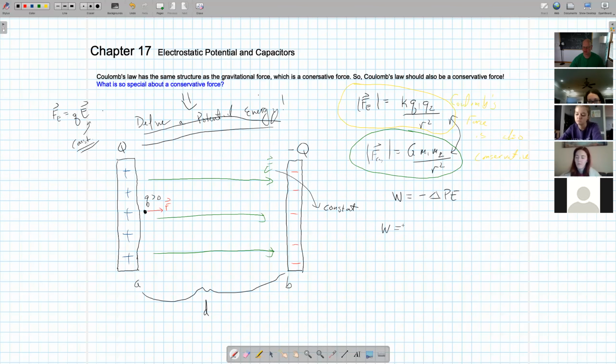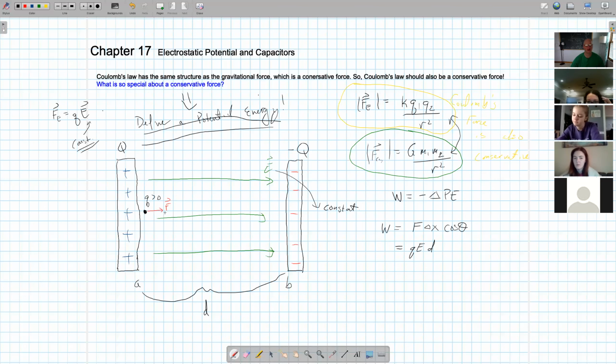Well, remember that work is equal to the force times the displacement times the cosine of the angle between the two. In this case, it's the electric force, so that's Q times E times the displacement, which is simply the distance D, times the cosine of the angle.